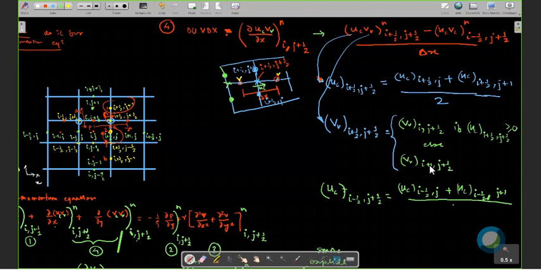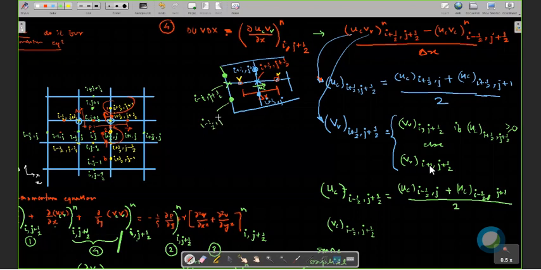Okay. Now, based on this, the value of VC will be calculated. See, I minus half, j plus half. And this is I minus half, j. And this is I minus half, j plus 1, right?